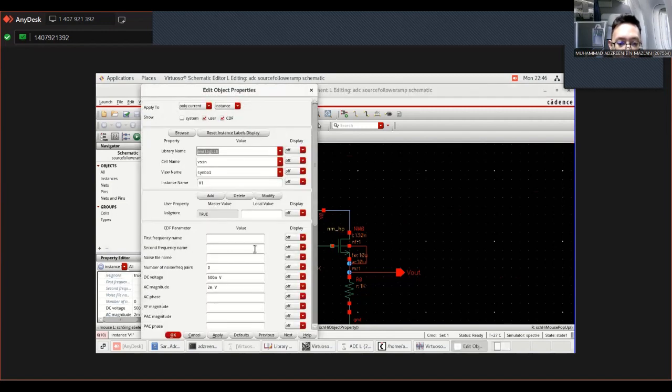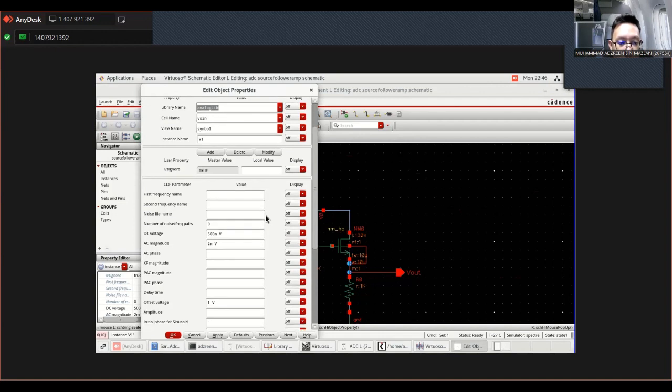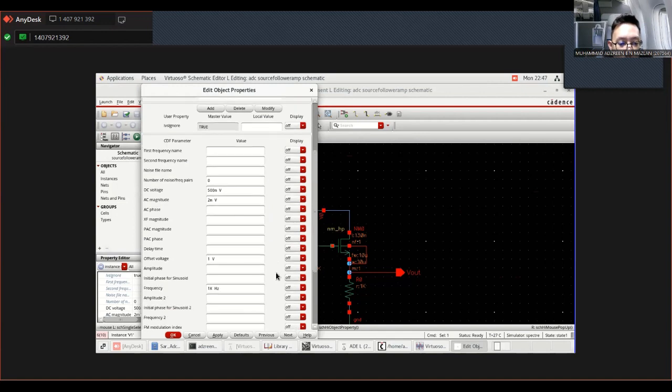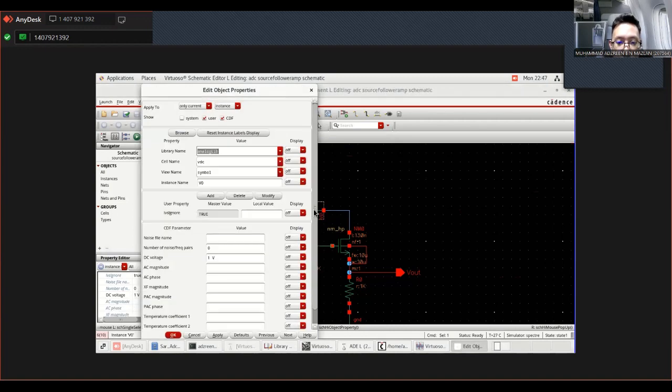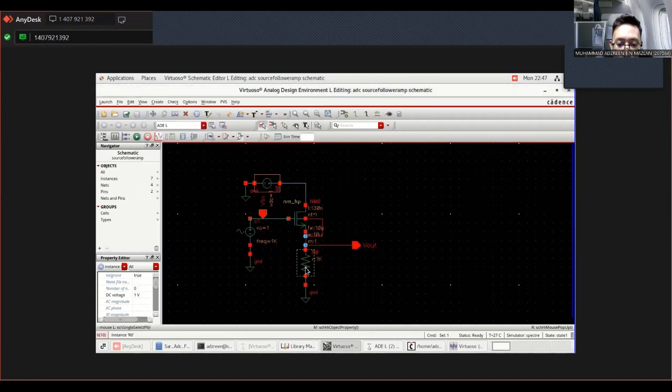As for the V sine, we are using 500 millivolt for the DC voltage, 2 millivolt for the AC amplitude, and the offset voltage is 1 volt, and the frequency for the sine wave is 1 kilohertz. And for the VDC, we are using just 1 DC voltage. And then we set the resistance at the source of the NMOS.